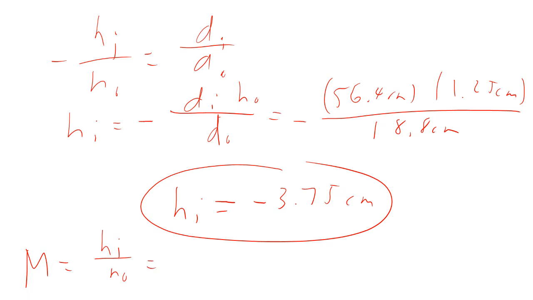So in that case, it'd be minus 3.75 centimeters divided by the original 1.25 centimeters. So that comes out to be minus 3 times. Again, the negative means that it is upside down, it does not mean that it is smaller.